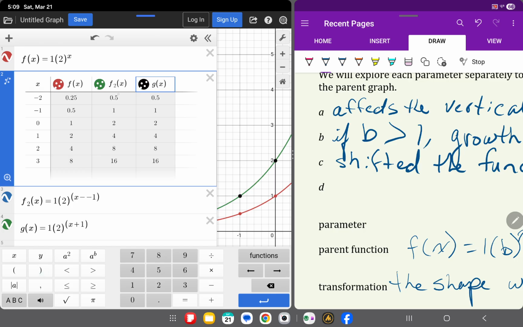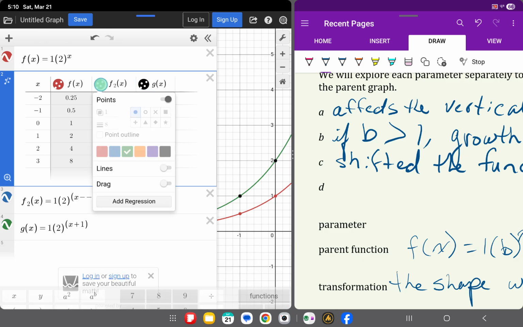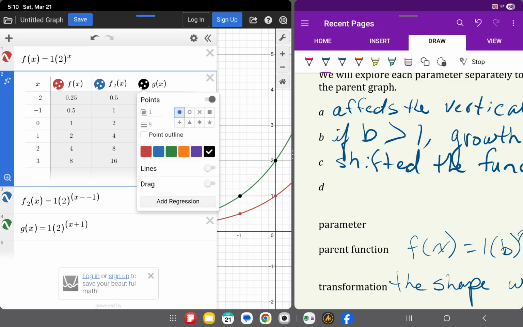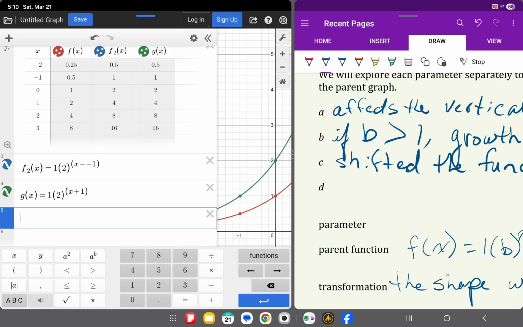I can see that f2 of x and g of x, one has the operation as addition. I'm going to change my color so they actually match. That's blue, and I want this one to be green.